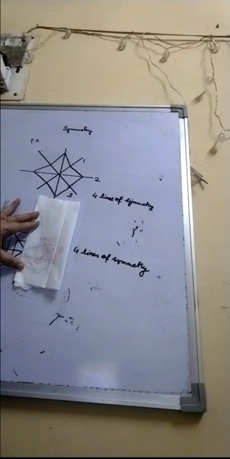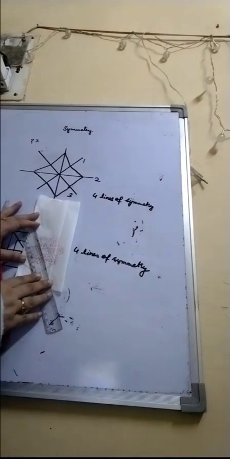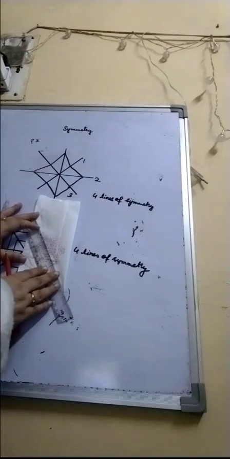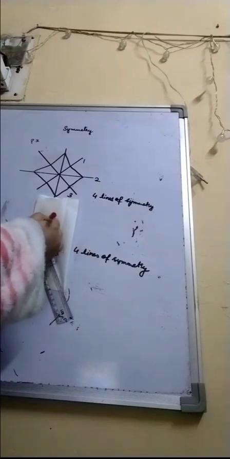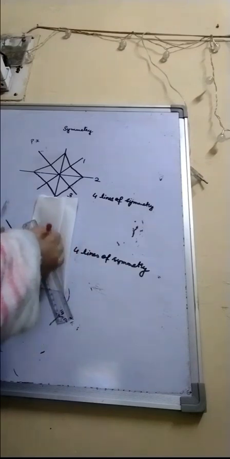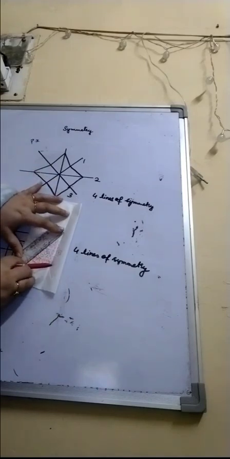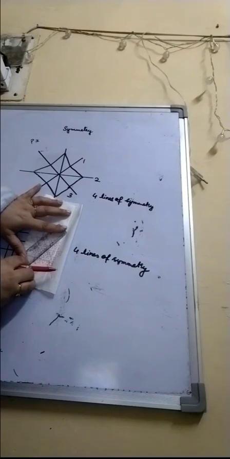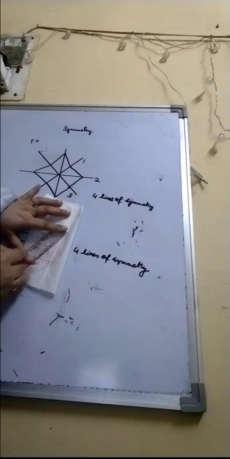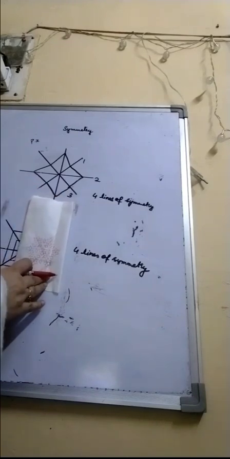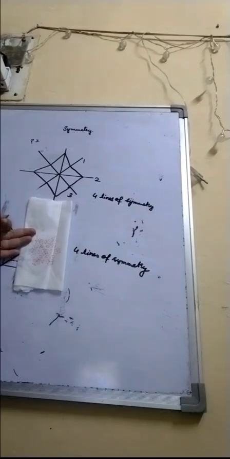This is the column. First line of symmetry would be the center portion here, it would go like this. First line of symmetry, then the second line of symmetry here. This is the second line of symmetry.